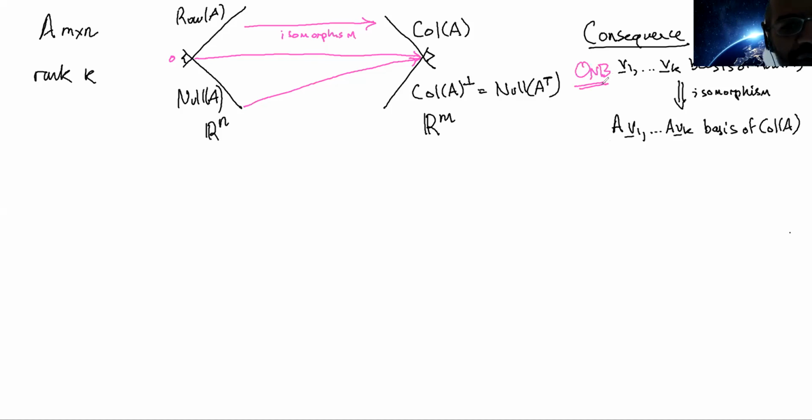So you take some vectors V1, and so on, that form an orthonormal basis of the row space. Maybe I'll make this K to indicate that it's a row space. If you hit it with A, are you going to get an orthonormal basis?